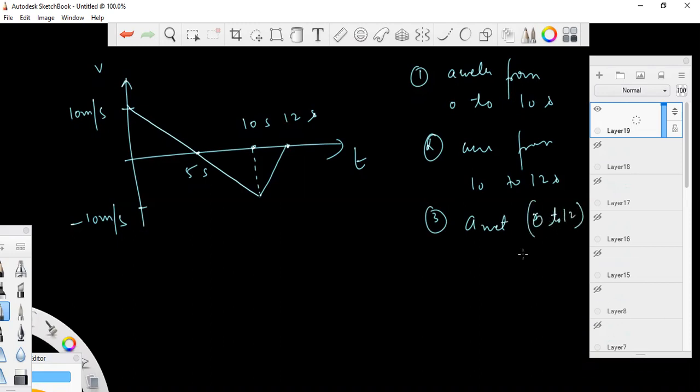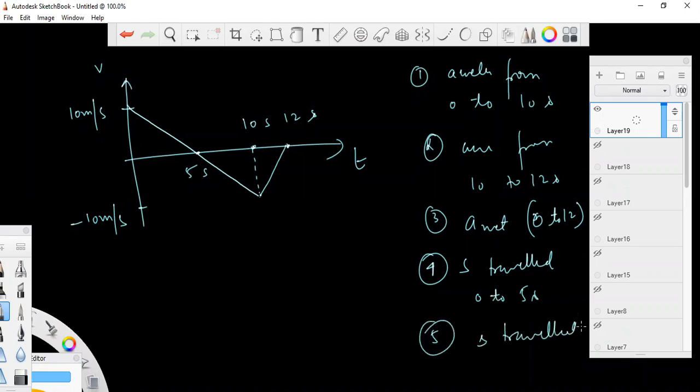These are three things. Next is the displacement traveled from 0 to 5 seconds. The displacement traveled from 5 to 12 seconds. And sixth is the total displacement traveled, the net displacement traveled.